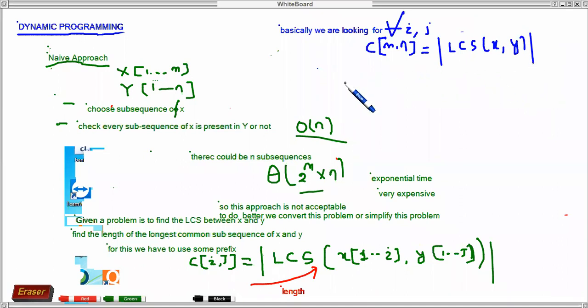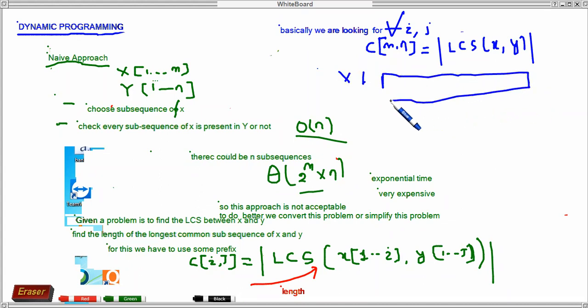Suppose this is our sequence x, starting from 1, and somewhere there is the i position. Let's say this is your i position. So this may match from 1 to i.